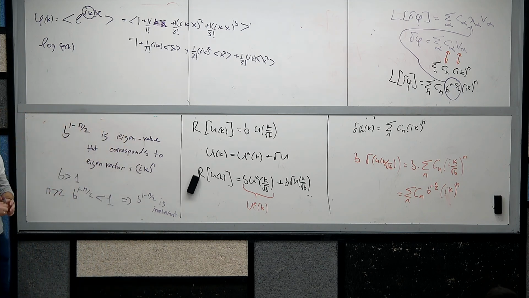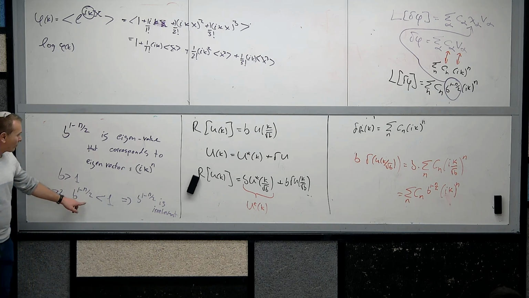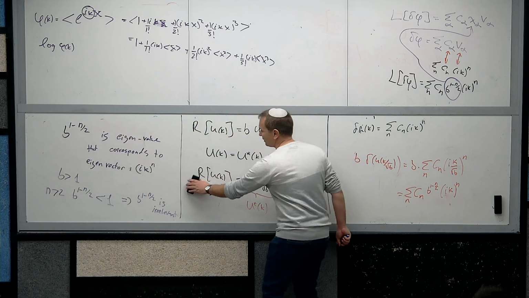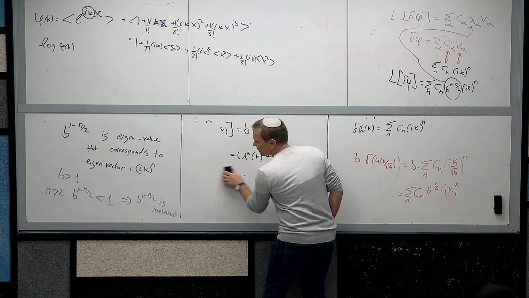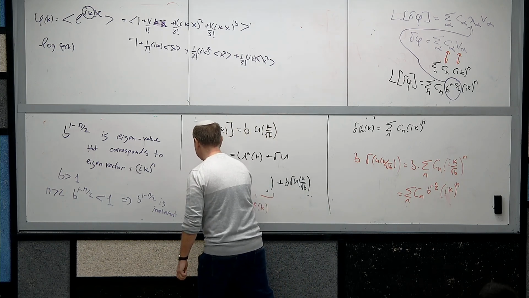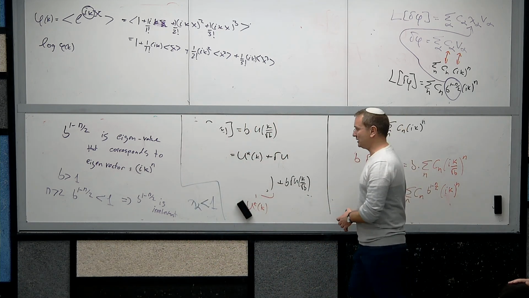Why? Because successive operations of RG of step b will eventually drag this towards 0. So it is converging to our fixed point. This is the irrelevant case: remember, lambda alpha is smaller than 1.